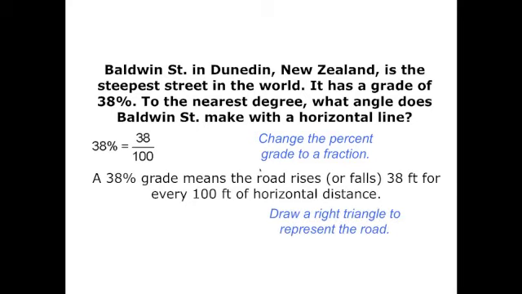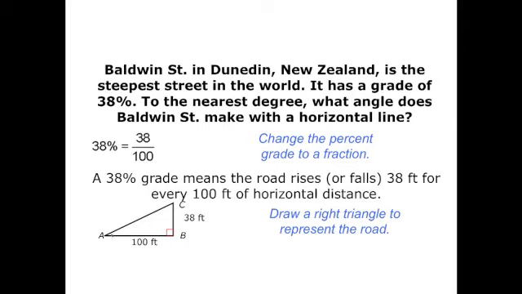So if I use that to help me draw a right triangle, I can see what's actually going on, and then I can use one of my trig functions to find the angle. So here's the triangle. For 100 feet horizontal, I rose 38 feet. What I'd like to know is, what's the actual angle that's being created here at A for my incline?